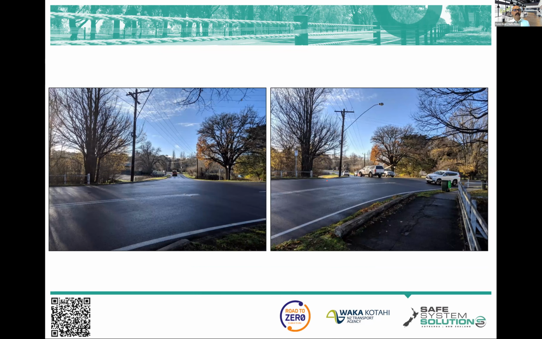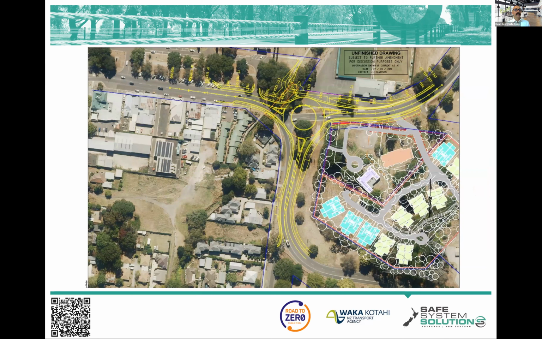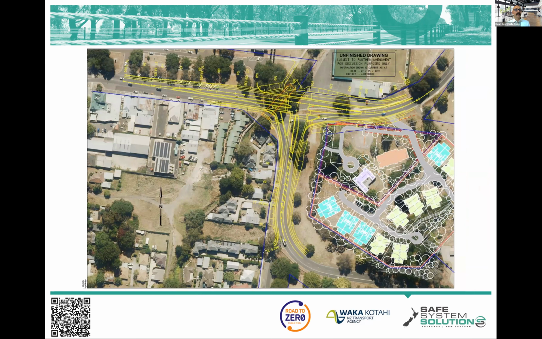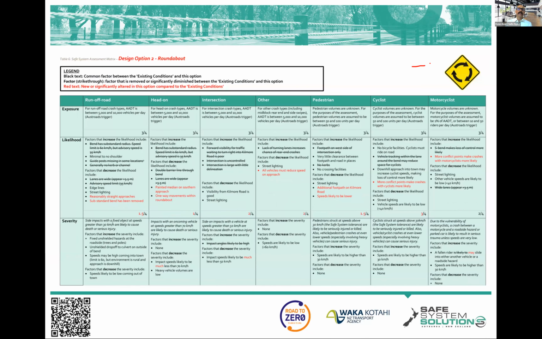It has existing characteristics, but they're planning a roundabout at that intersection, or a modified T with traffic signals, or a conventional T with traffic signals. So you've been given these designs. What you then do is get that existing conditions matrix, copy it and paste it for the design of the roundabout, and then manipulate it, as in you cross parts of it out.